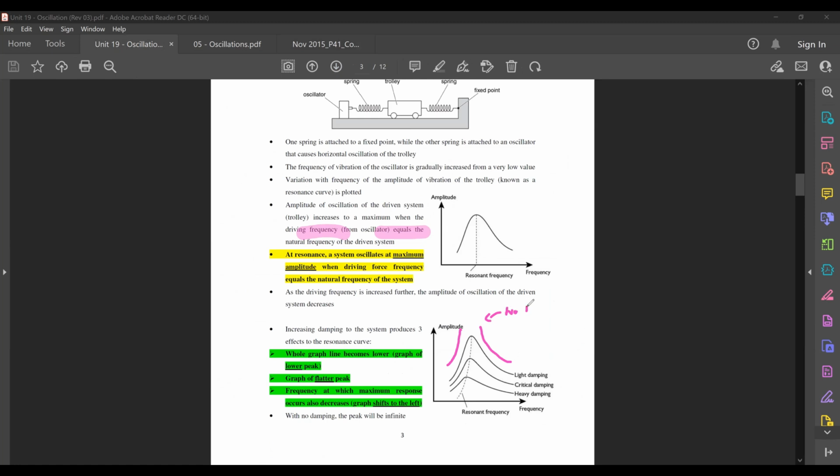Your case here is no damping. You have infinite amplitude. This was what I mentioned to you last week. So you don't see a peak to your resonance curve. That means there's no damping forces. There is no frictional forces.